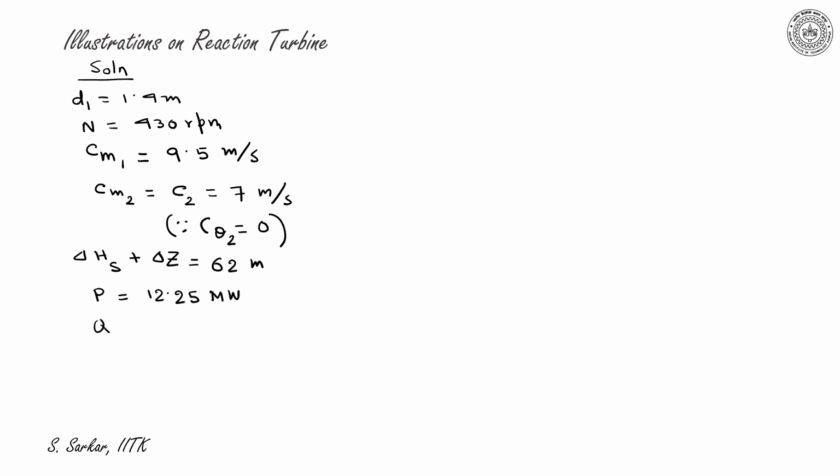Hence, let me first draw the velocity triangle in a Francis turbine. So this is the blade. Let's consider the blade speed is U. Thus, W1 be the inlet relative velocity and W2 the exit relative velocity.